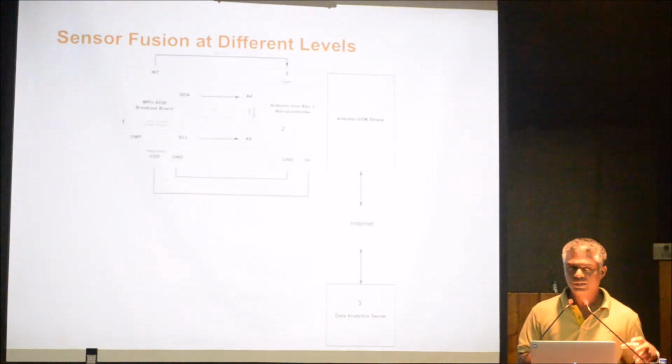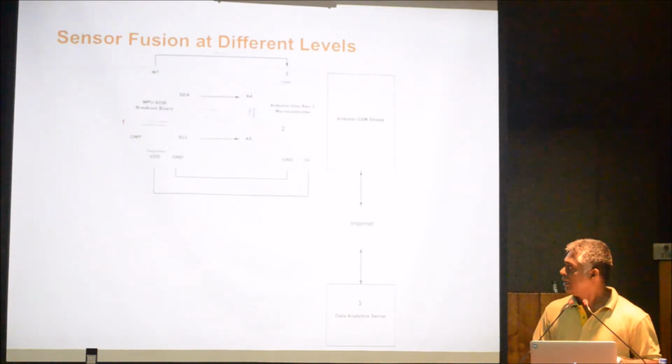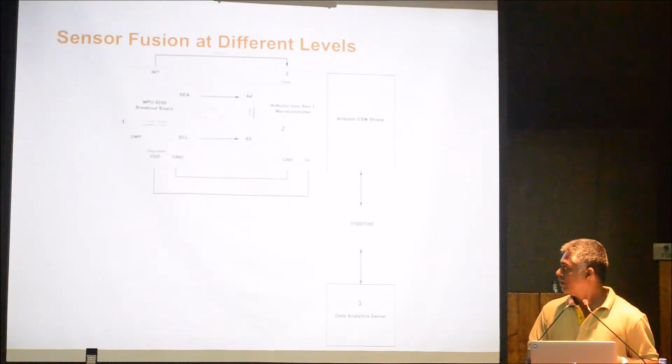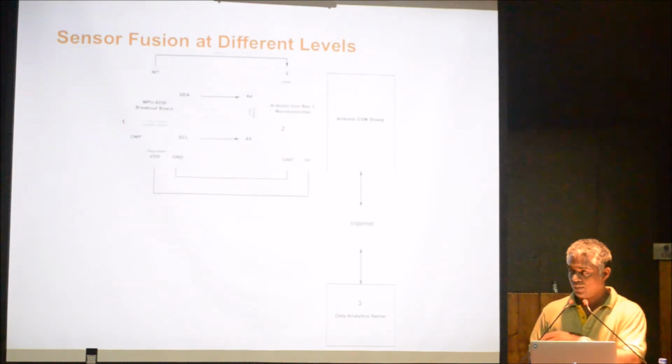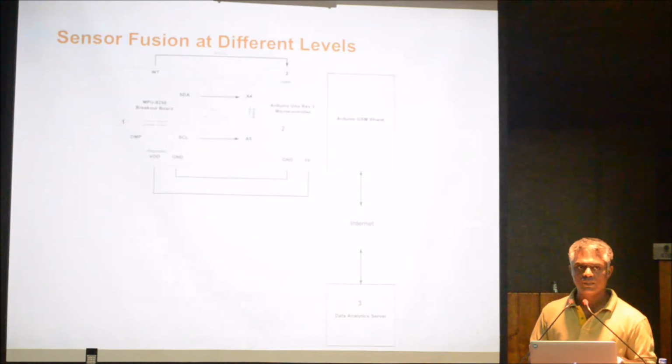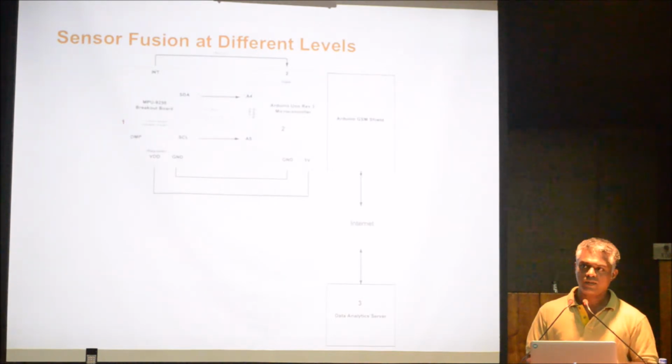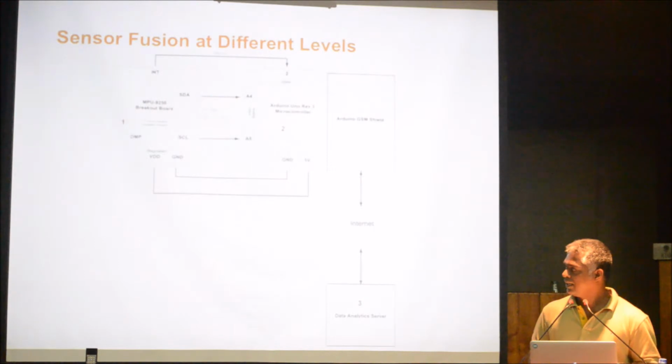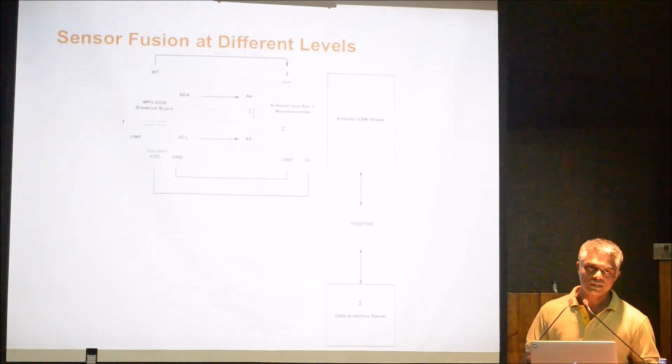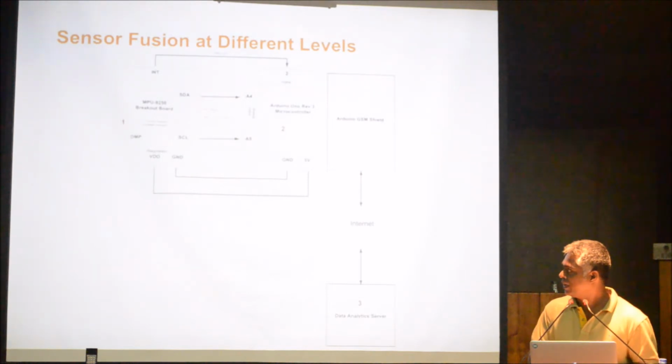So you get the raw data out of the sensor and process it on the microcontroller, or you can offload that into an enterprise software system, which does the fusion of algorithms, cleaning up, noise filtering at the enterprise system. It might be on a cloud system, or it might be on the same network.